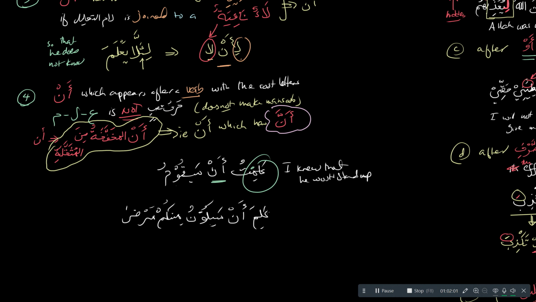He knew that some of you will be sick. So here again is the alima as root letters, and there's an an following it, and so this is the nun al-mukhaffafa min al-muthaqqala. So there is a hidden anna in here. That's why it's there. Okay, so that's the 6 notes that we have.